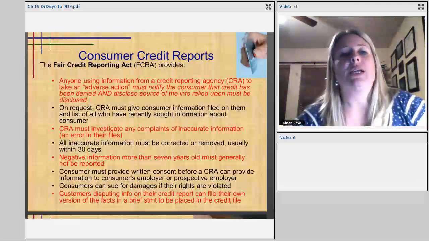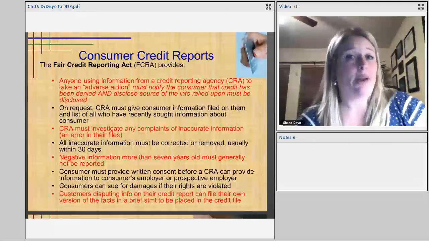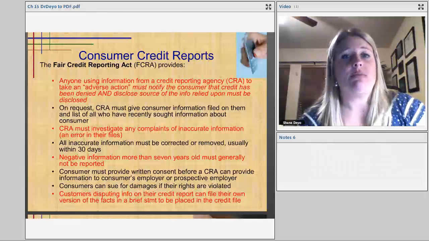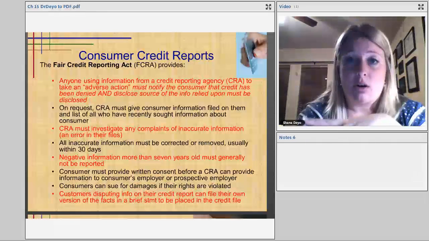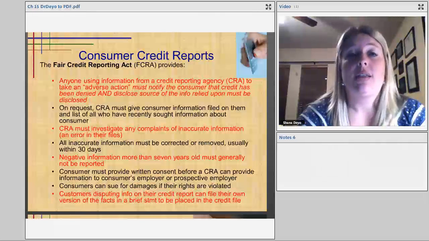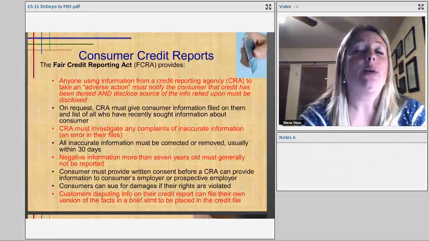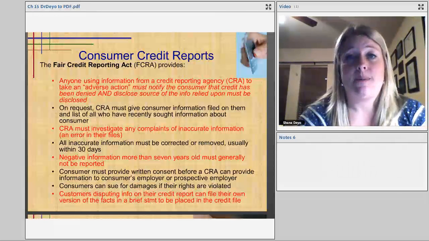Consumer credit reports. Anyone who has credit, and most every human being is going to have credit other than maybe children, in our country at least, has the right to find out if they are denied credit. They have the right to find out who denied them and what credit reporting agency was used to get that information.